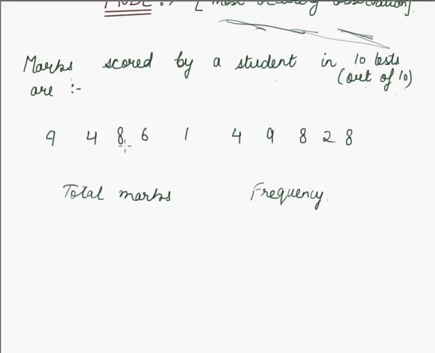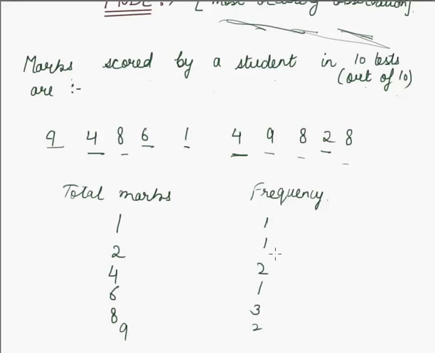Clearly 0 is never scored by the student, whereas 1 is scored 1 time, 2 is scored 1 time, 3 is never scored by the student, and 4 is scored 2 times. 5 is never scored, whereas 6 is again scored 1 time. 7 no case, and 8 is scored 3 times, whereas 9 is scored 2 times.